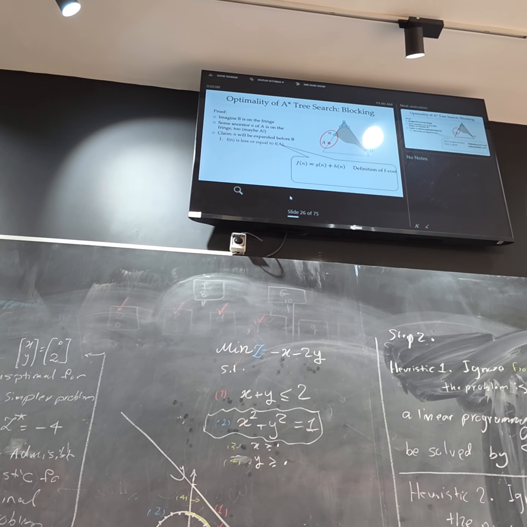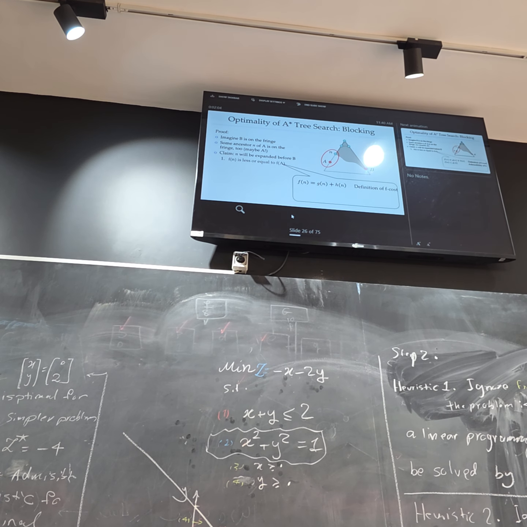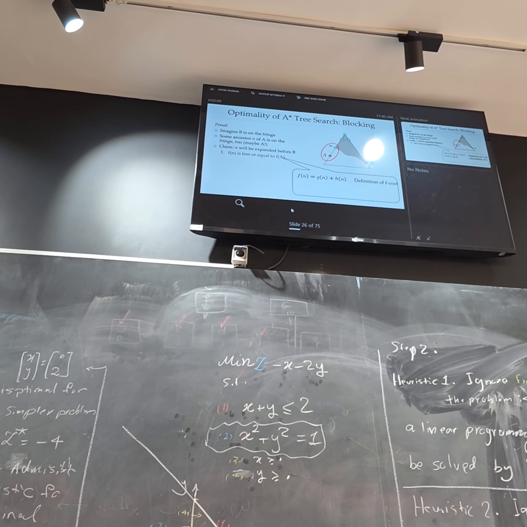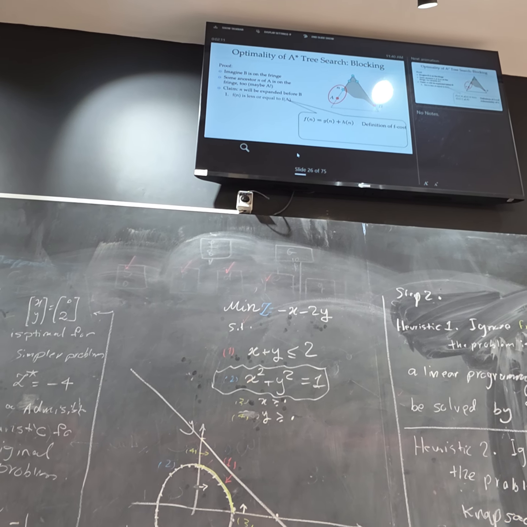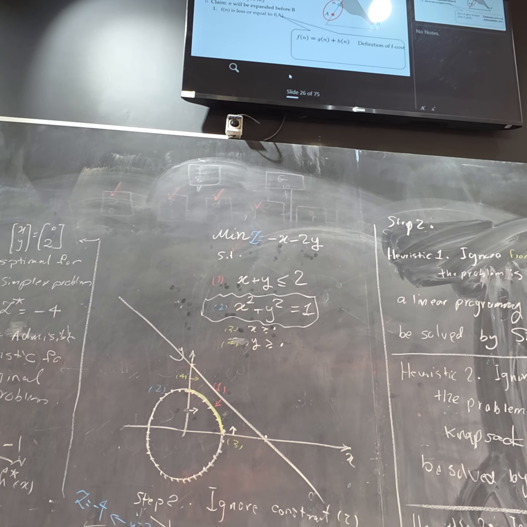We prove that A star can find the optimal solution in the least time. This means that the optimal solution can be found before any suboptimal solution. This is a good idea.